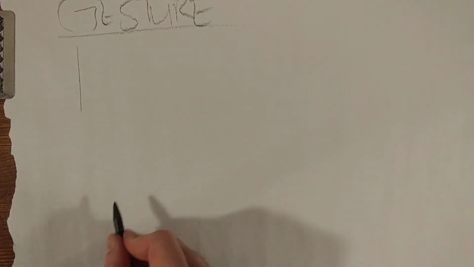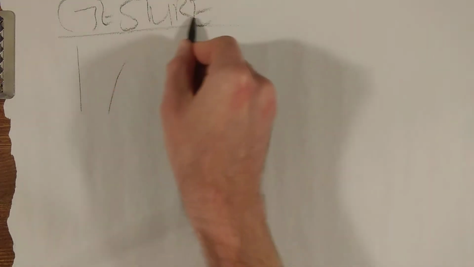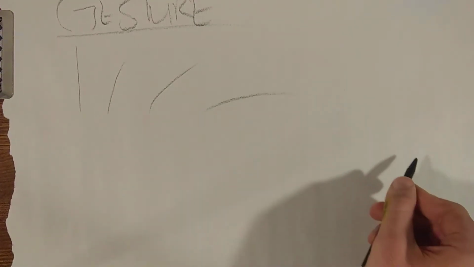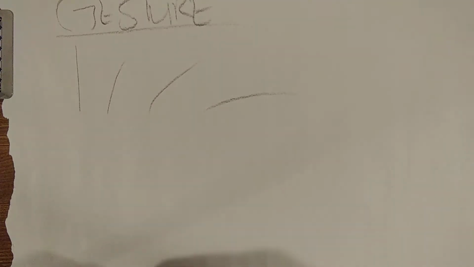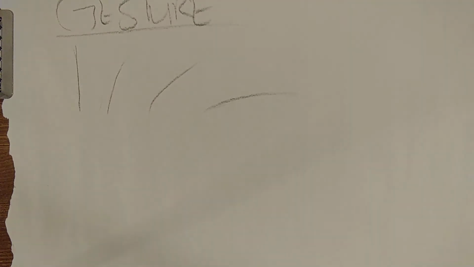So, say you have a line, and to indicate movement, you might see this happening. So, each one of these is its own gesture.